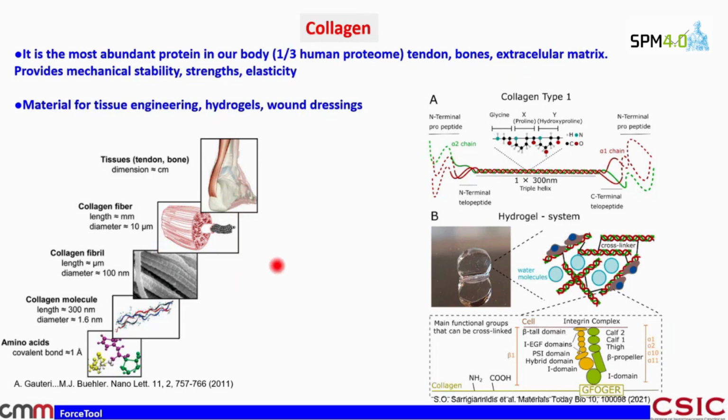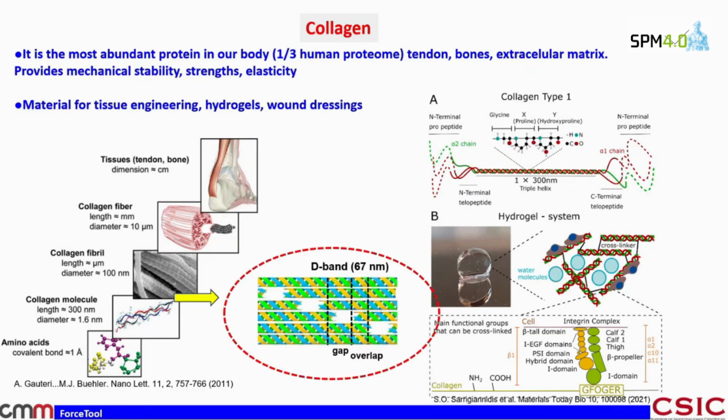Collagen is the most abundant protein in our body. It's usually in the extracellular matrix. It forms part of the tissues, the tendons, the bones. It's present in many parts of our body, and also is a component of hydrogels. I think some of you the other day were presenting some work involving hydrogels made of collagen.